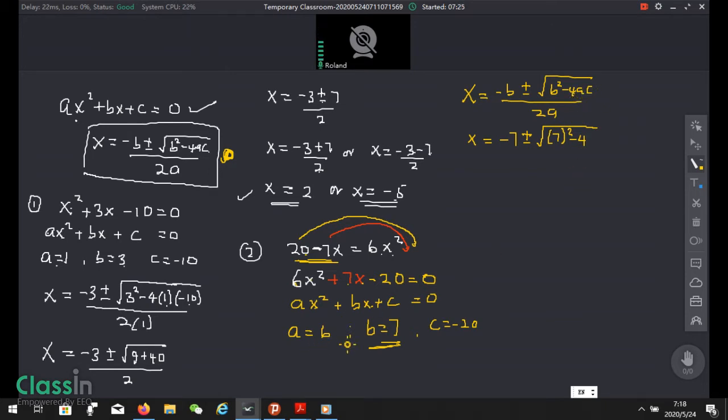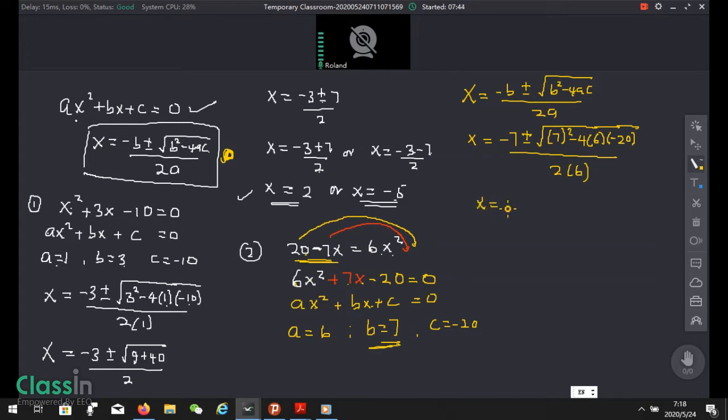So a is 6, so negative 4 times 6. c is negative 20, times negative 20, over 2a. 2a means 2 times a. a is 6.